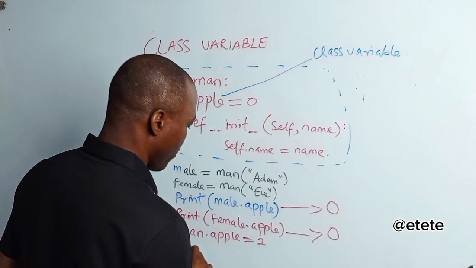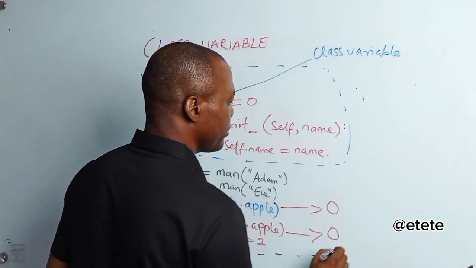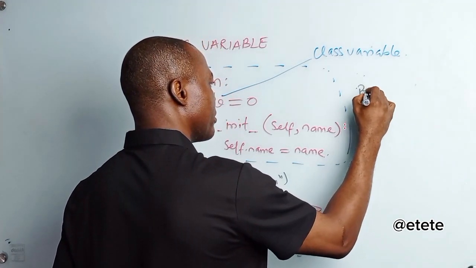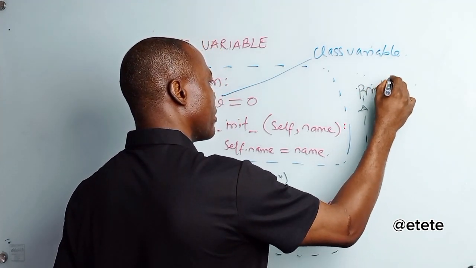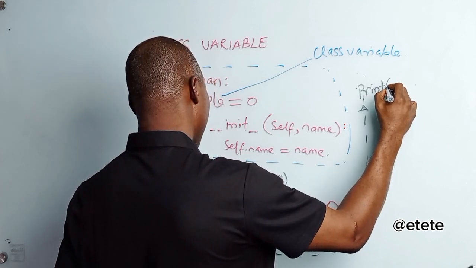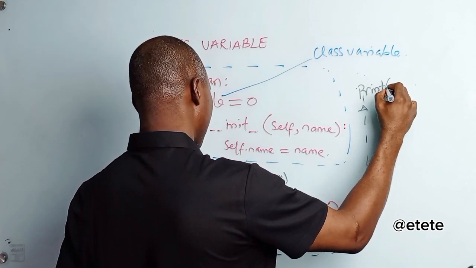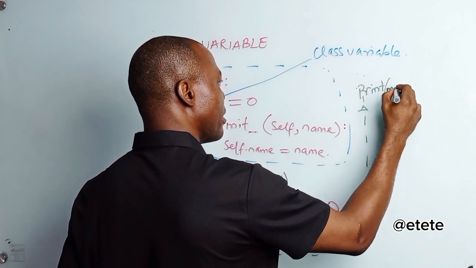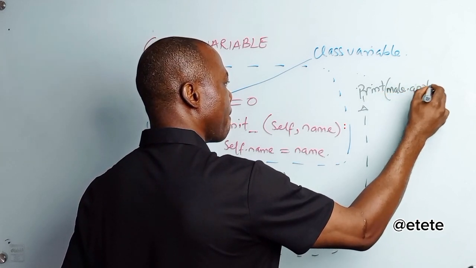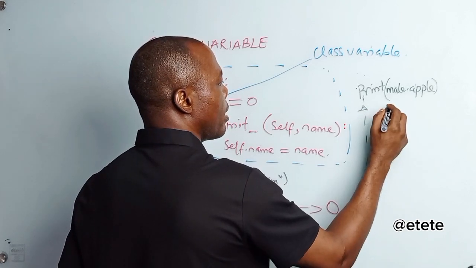So from here, I'll now say print male.apple, right?